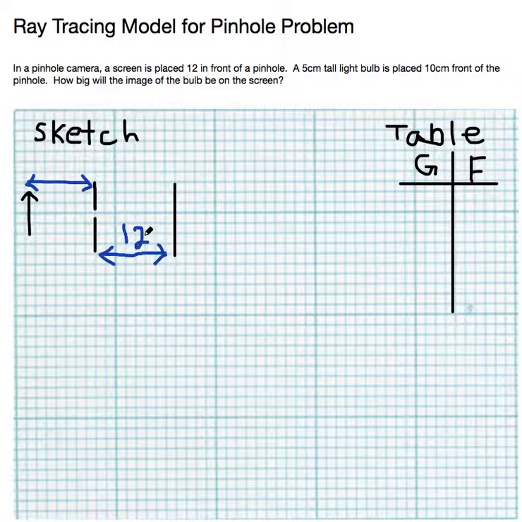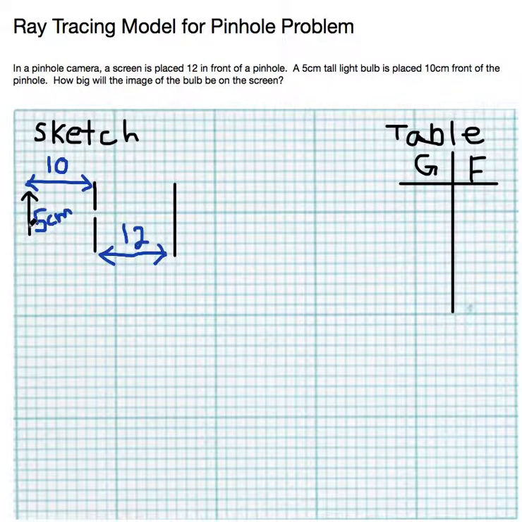Okay. A 5 centimeter tall light bulb, that must be an object, and it's 5 centimeters tall. So the height of the arrow is 5 centimeters, is placed 10 centimeters in front of the pinhole. So this guy's got to be 10, right?